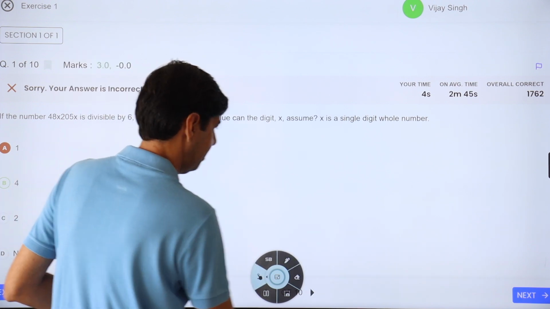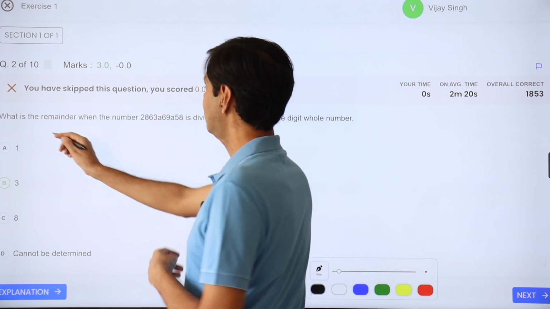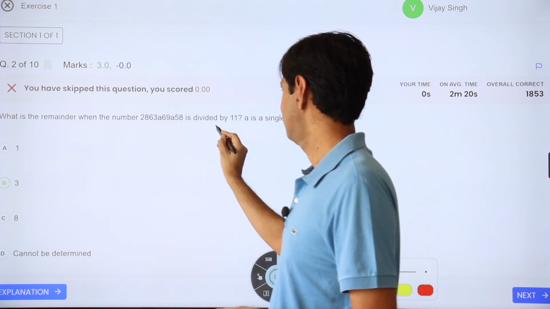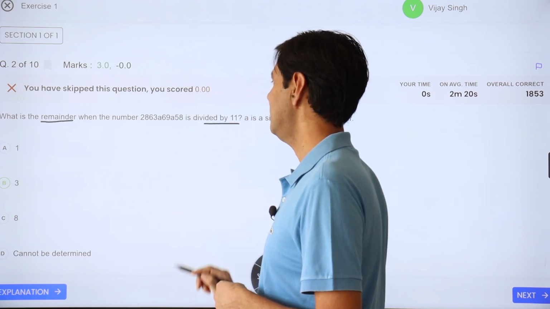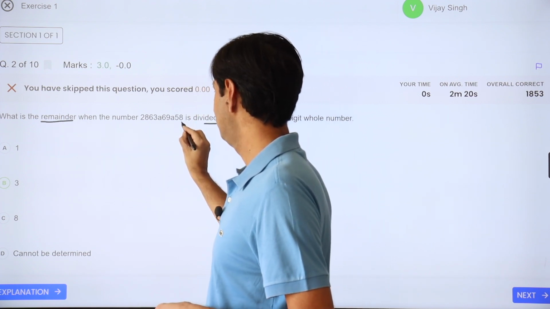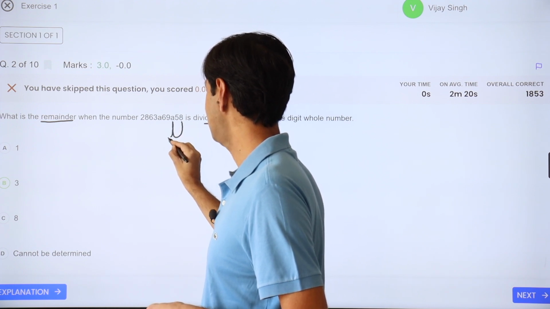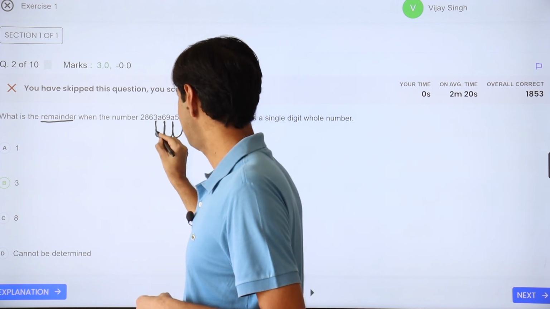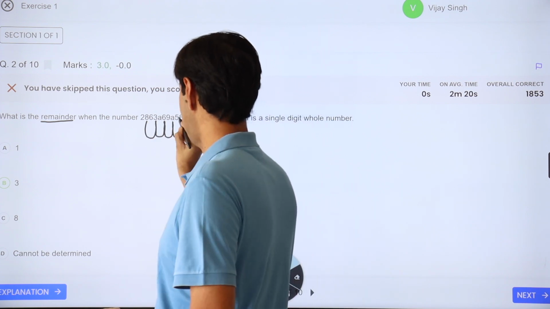Okay, we haven't reached the next question, is it? Okay. So what is the remainder when this number is divided by 11? Good. So a question of remainders divided by 11. So by 11 what do we do? We take alternate digits. Start with 8, leave the a, 8 and 6, 14, do it in your mind, 14 and 3, 17, 17 and an 8, 25, and there's an a.